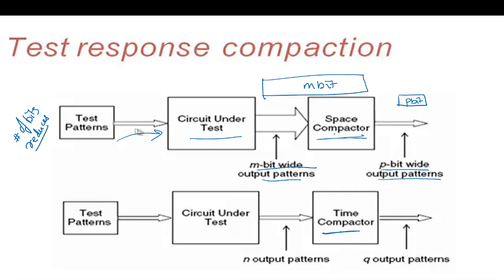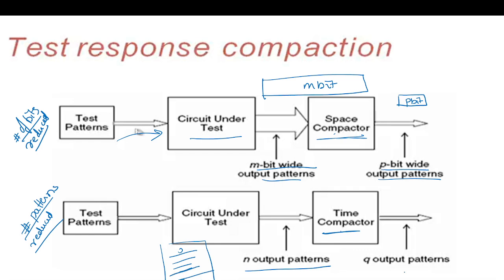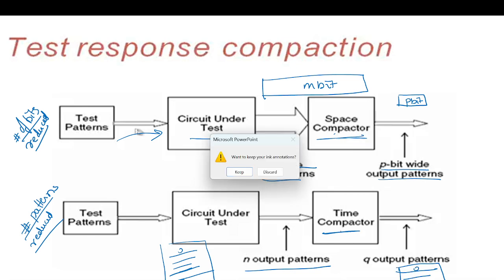Wide means the number of bits is reduced for the space compactor, whereas the number of patterns is reduced in the time compactor. You can see that we have n number of patterns. Before it was 0 till n patterns. Now this is reduced to 0 to q patterns.